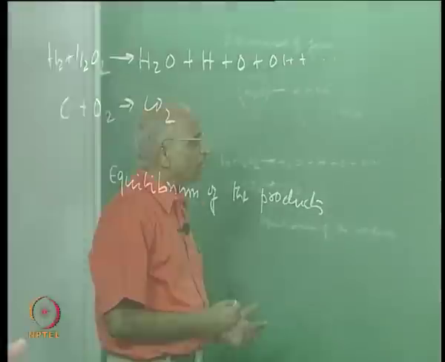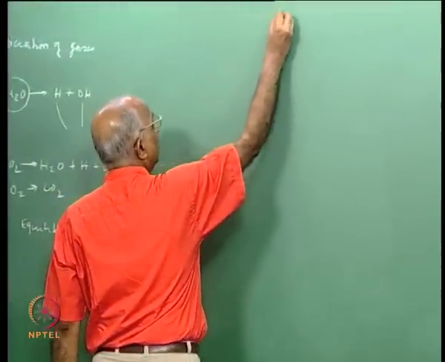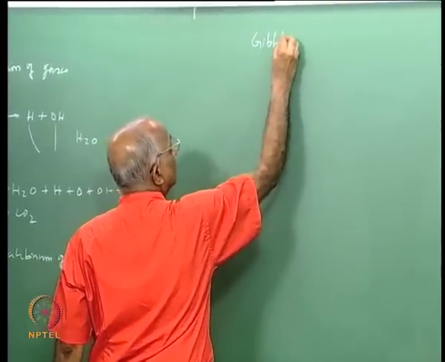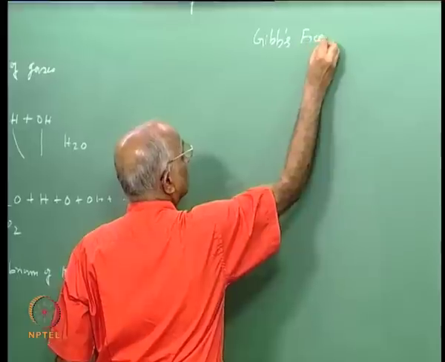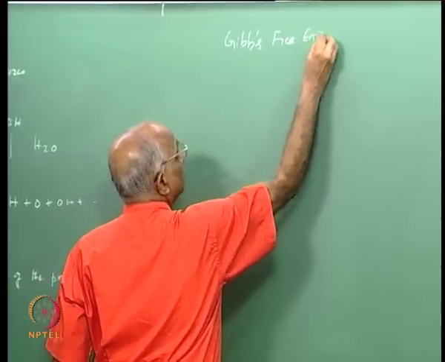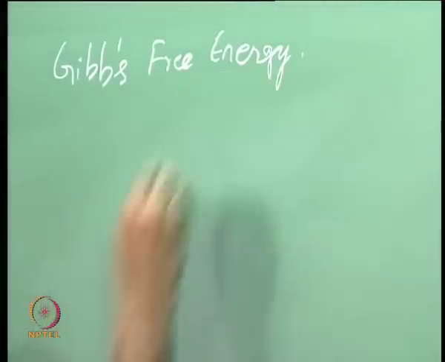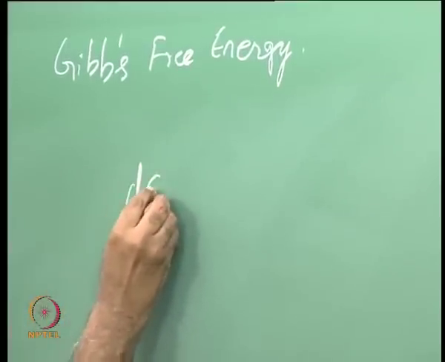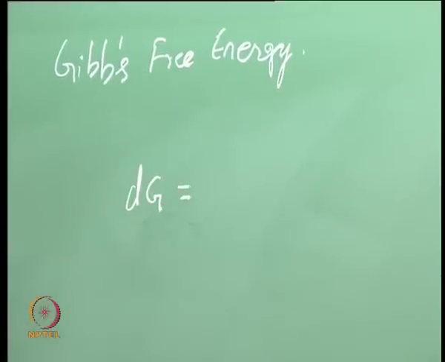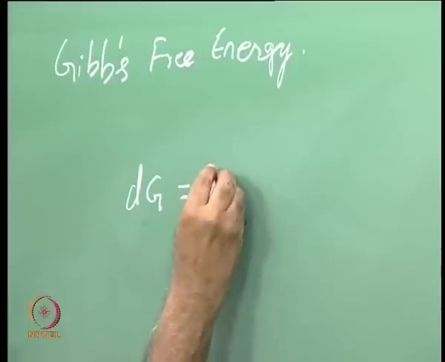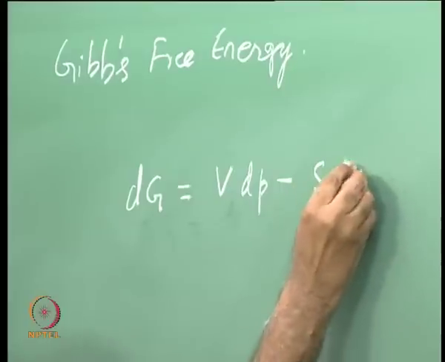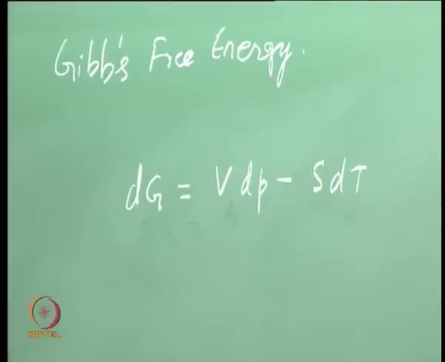For this we introduced the word Gibbs free function, Gibbs free energy, and what did we find out? We found that dG, that is the change in Gibbs free energy, was equal to VdP minus SdT, and we also asked ourselves some question.